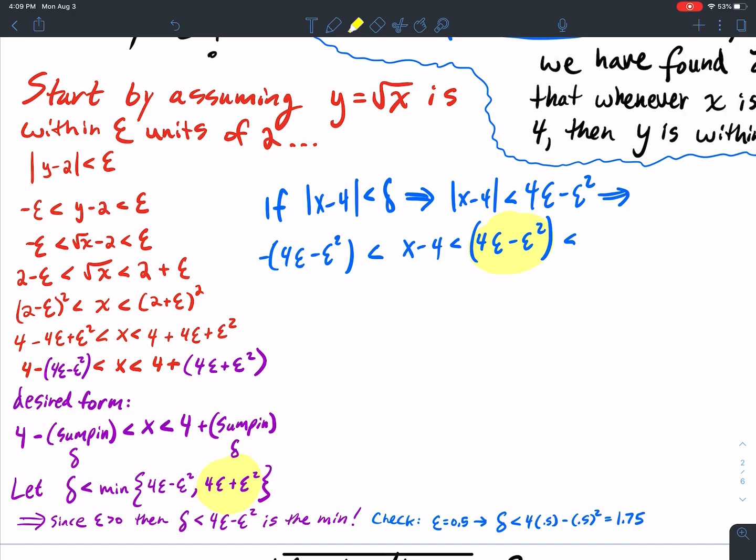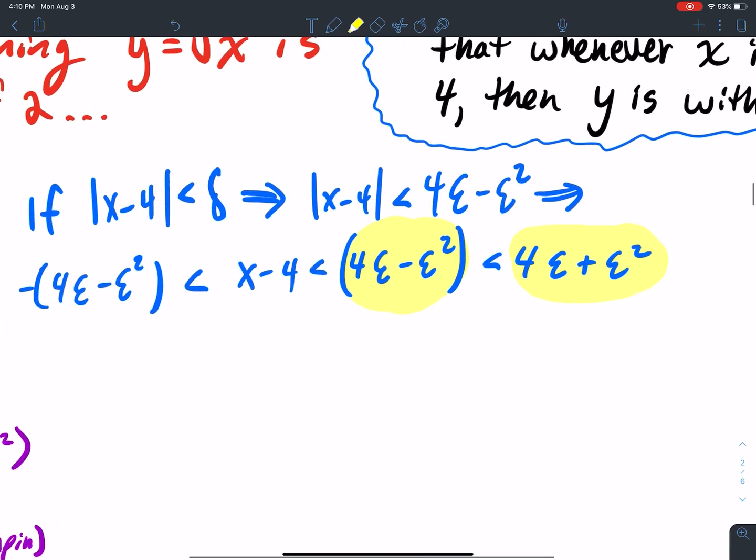But what do we know? We know that this piece and this piece are the same, and that this piece is bigger, right? So what I can do is rewrite this. I can make this the big piece right here, because I know this to be true since this thing is smaller than that thing right there.